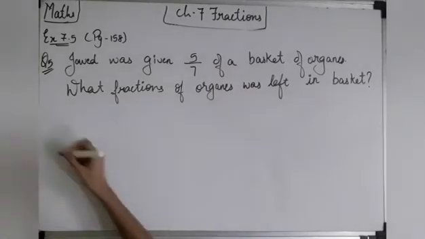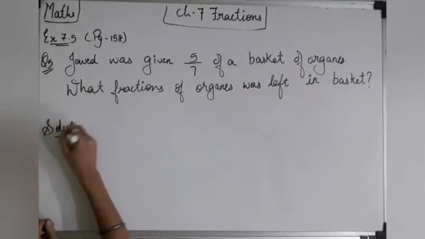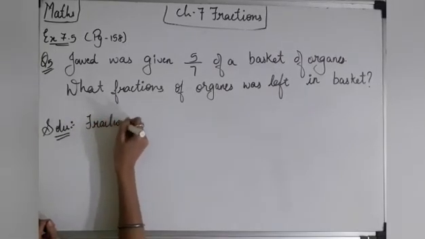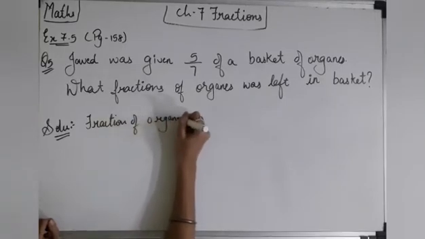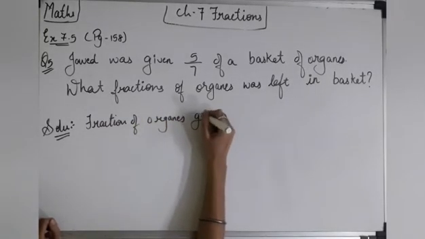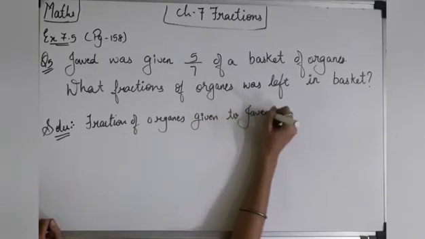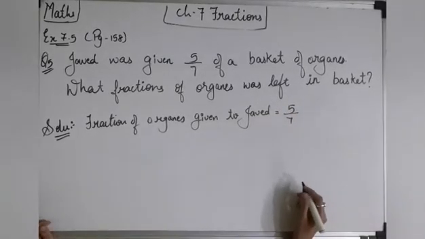First you'll note it down. Okay. As it is written in fractions, I'll write: fraction of oranges given to Javed is equal to 5 upon 7. Okay.